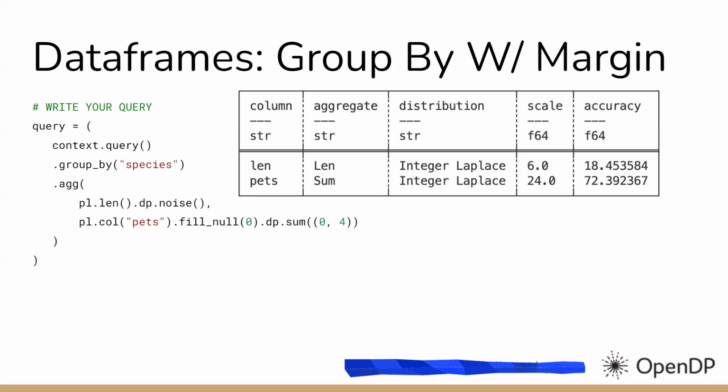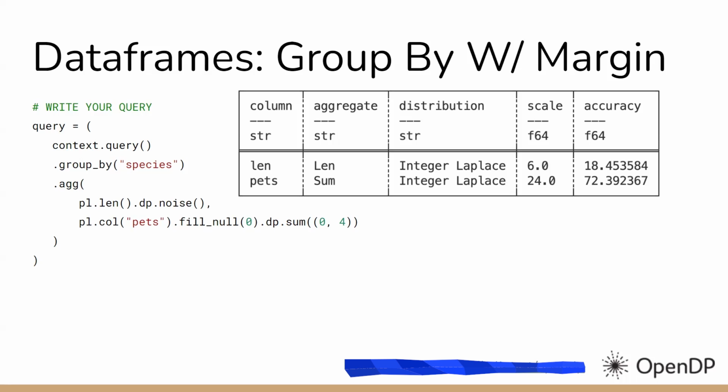Okay, so given this query, I can also summarize what the utilities of the statistics will be. We'll expect 2 columns in the output. One column is named length, computing the counts. And the second column is the sum over pets.